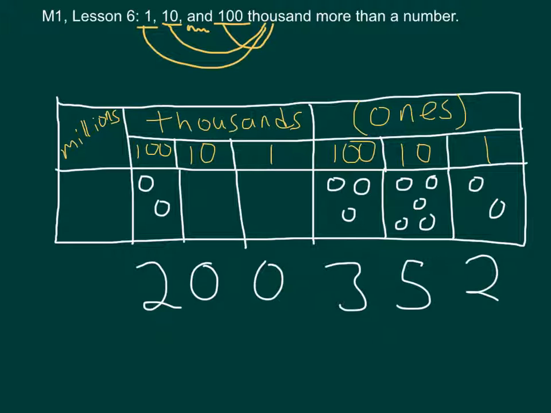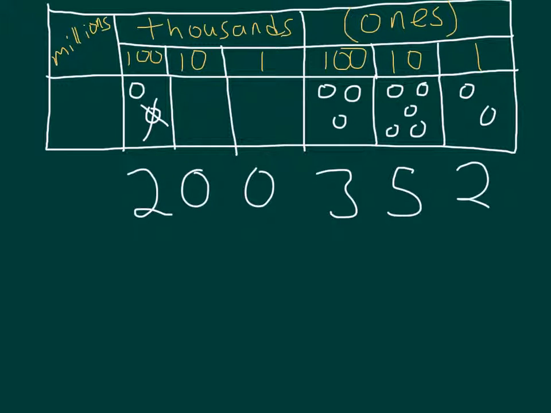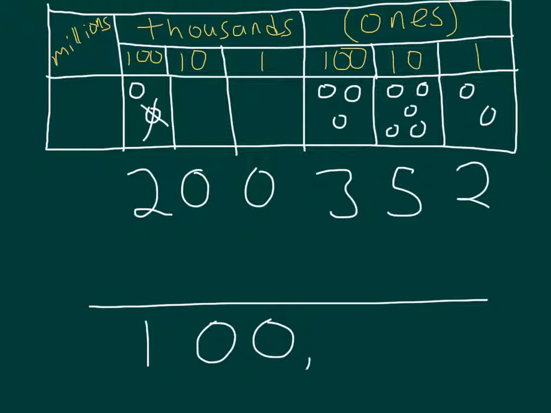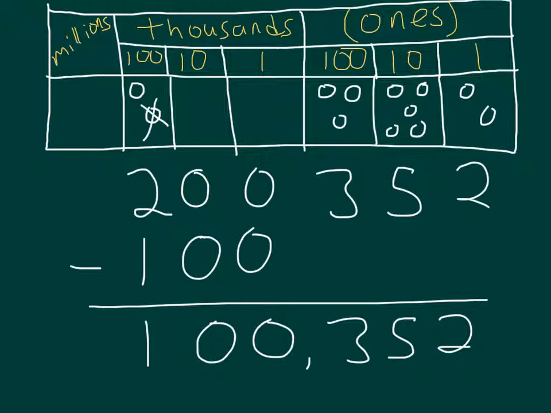And I can look at my place value chart, and I can home in on my thousands place and my 100,000s place, and I can say I need 1 less than that. And I can represent my answer down below. Looks like this. We ended up with 100,352, and to get that, we took away 100,000.